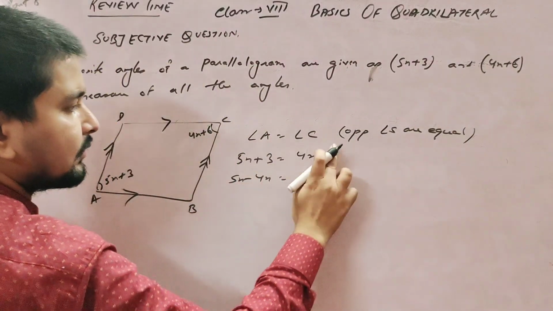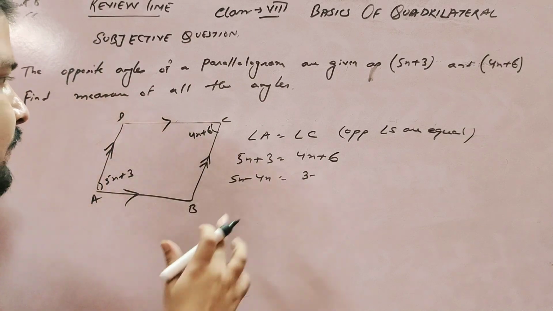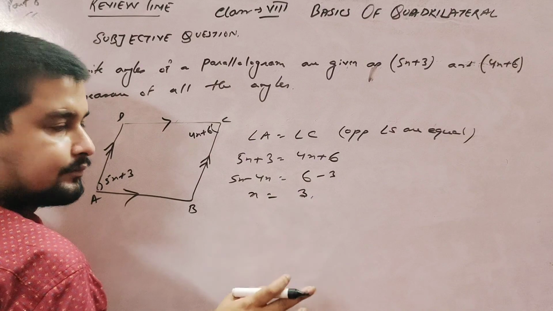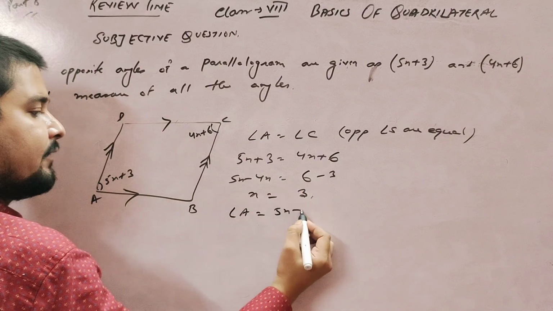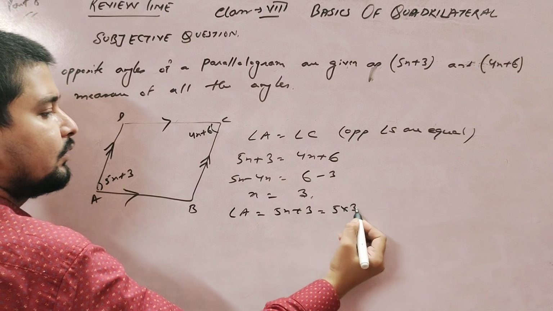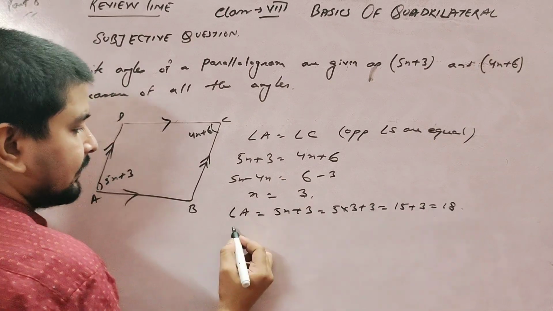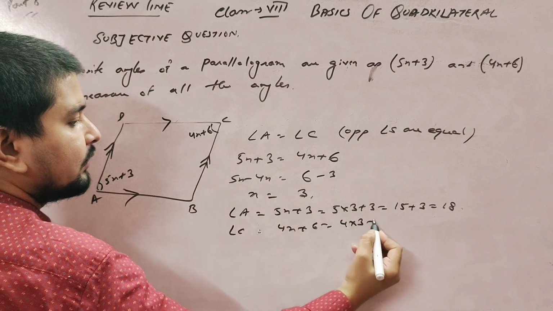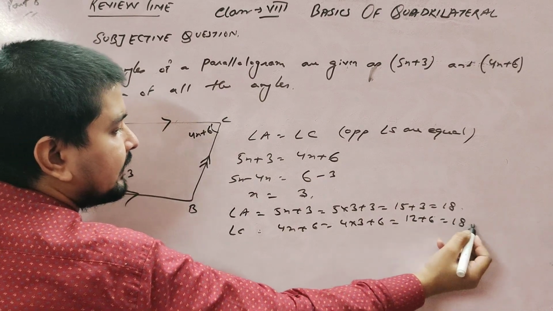So 5x minus 4x equals 6 minus 3, that is x equals 3. So angle A, 5x plus 3, that is 5 into 3 plus 3, so 15 plus 3 equals 18 degrees. Angle C equals 4x plus 6, that is 4 into 3 plus 6, 4 threes are 12 plus 6 equals 18 degrees.